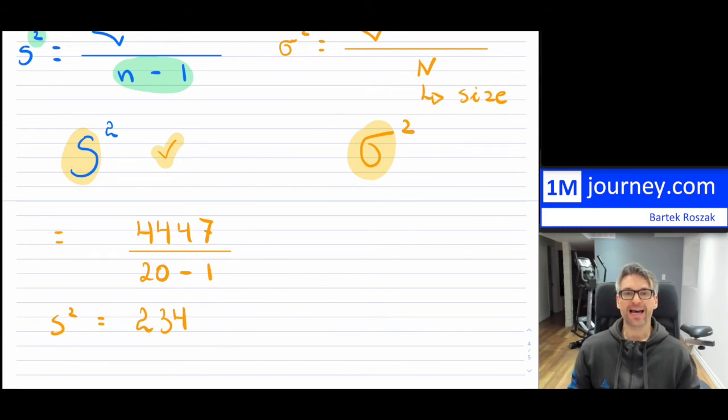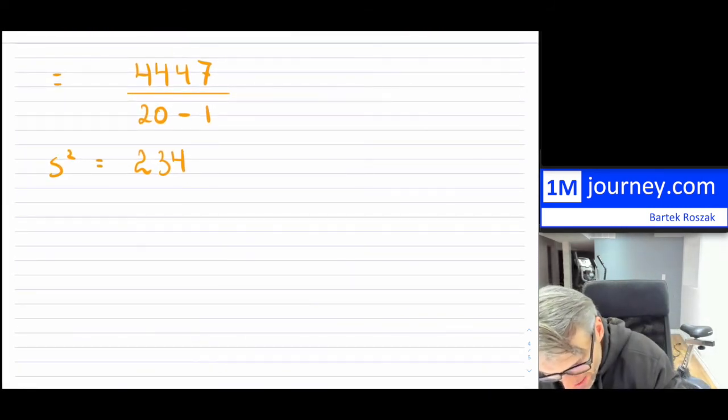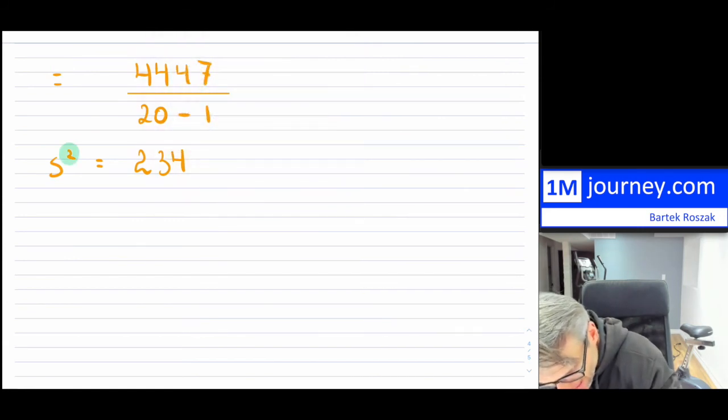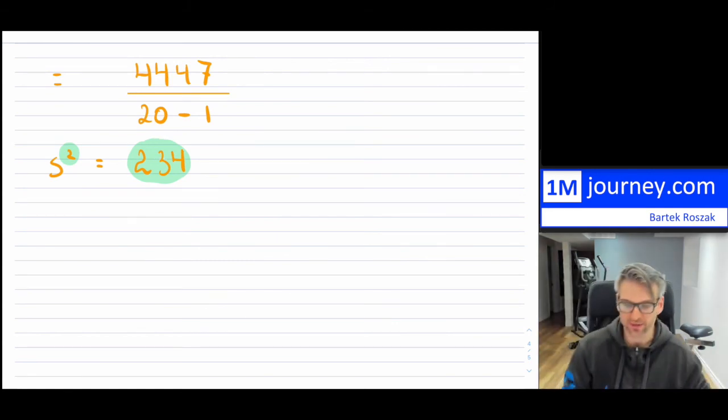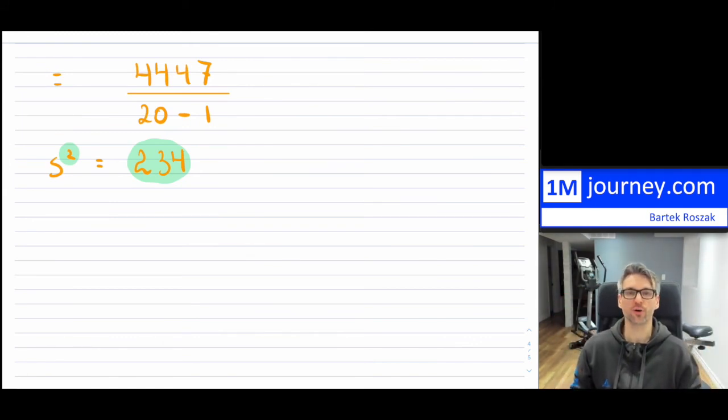Now, the last item in this video is your standard deviation. Because our variance is squared, having this number may throw you off, because notice that we had data sample points between 41 and 100. So this 234, you might think, what does this exactly mean?